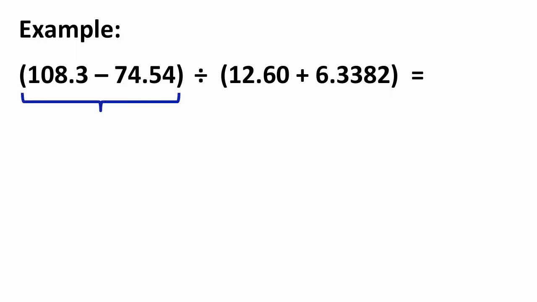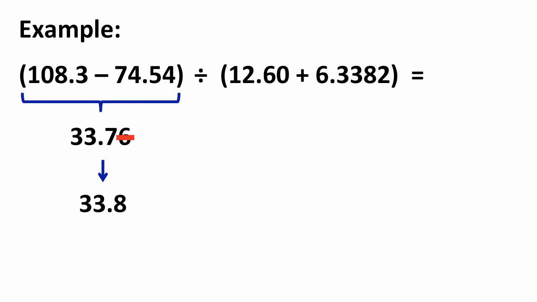We start with the parentheses, and 108.3 minus 74.54 is 33.76. But we did a subtraction. We know the first number to the tenths, the second number to the hundredths, so we need to round off to the tenths, and since it's 0.76, we're rounding up to 33.8.